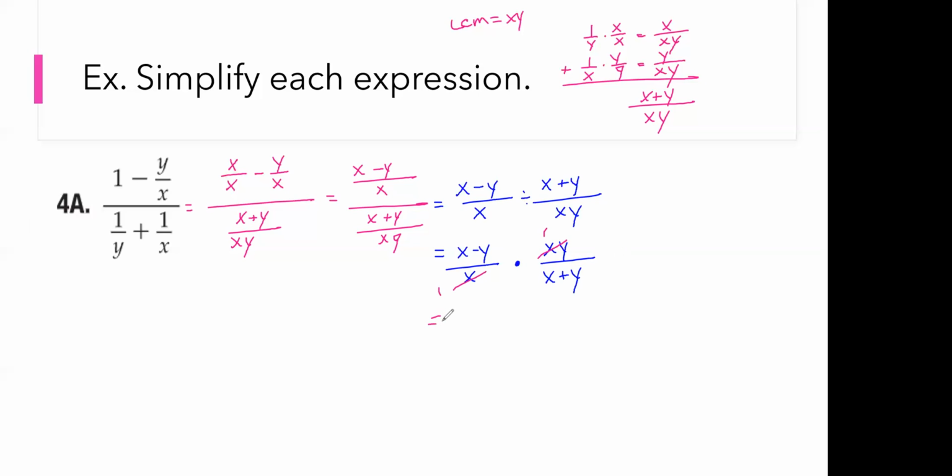So what I'm left with is y times (x minus y), and then my denominator is x plus y. So then if I distribute, y times x is xy, and y times y is y squared. And then my denominator is x plus y. And that's my final answer.